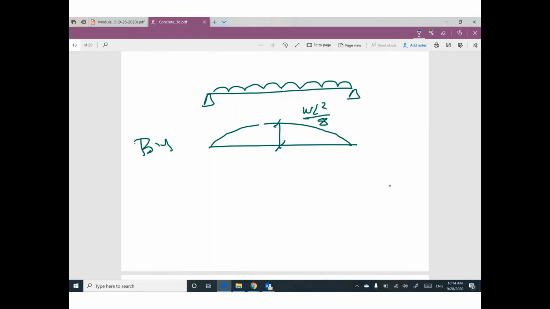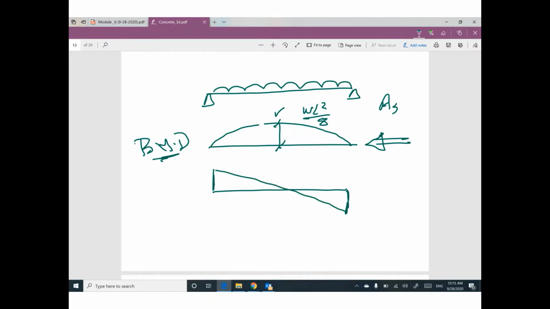We learned everything about this diagram. How can we use this value of moment? How can we figure out the area of steel? How can we figure out the design of your member related to bending moment? Today, we are talking about another diagram we learned from structure analysis, which is called the shear force diagram.